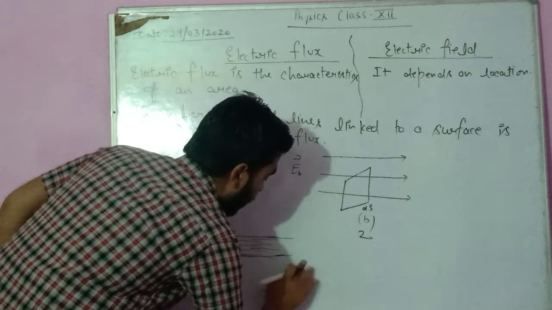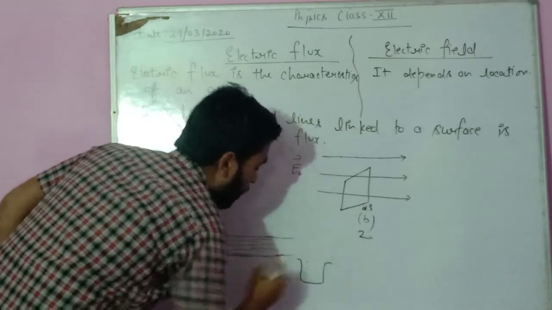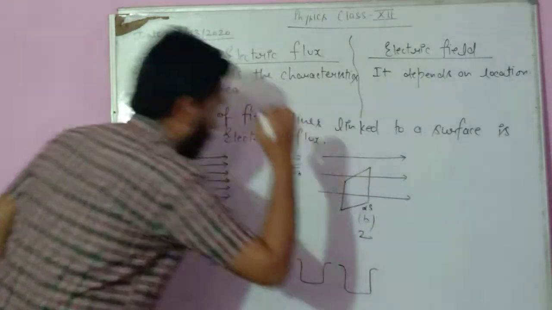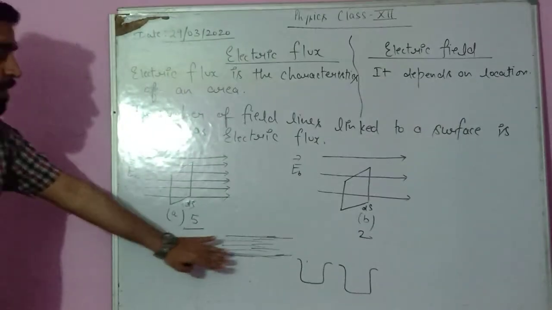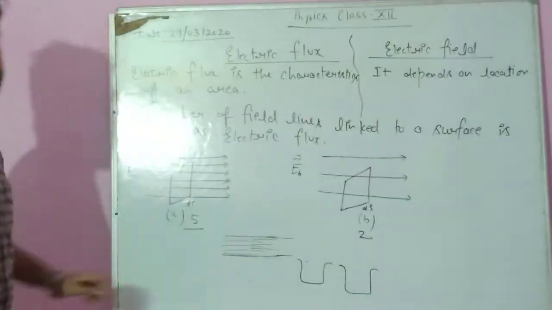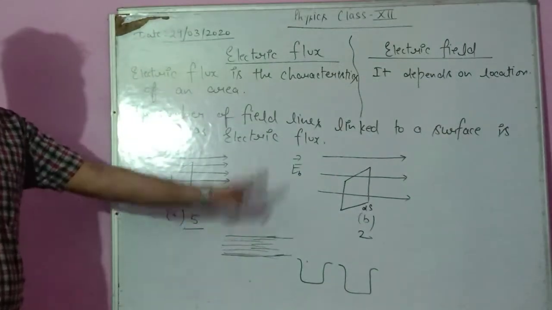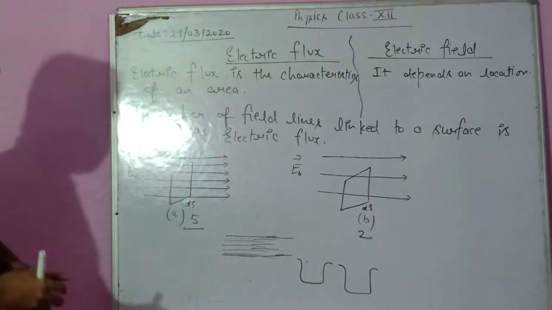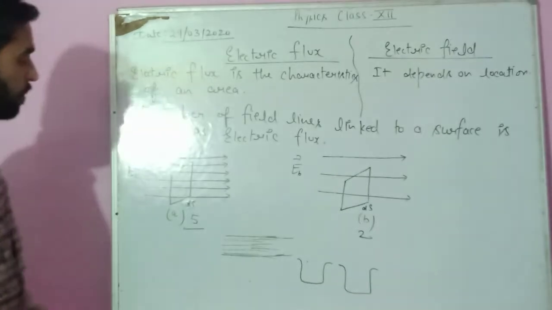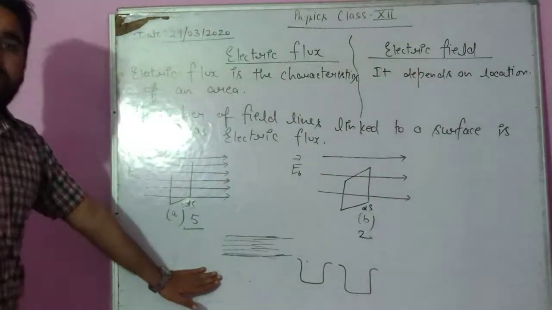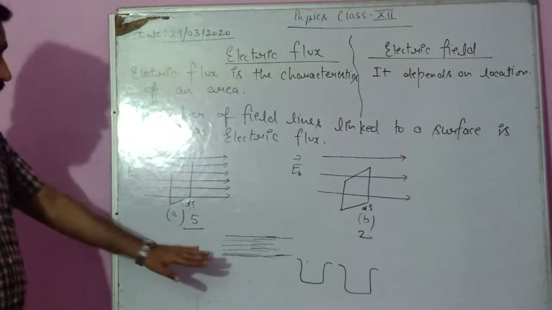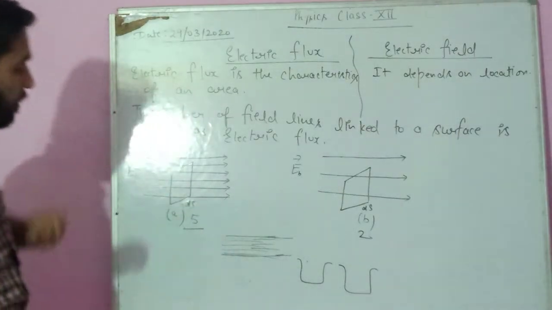I have kept one container here and another container here. Water is coming with a particular direction, so the water is a vector, because it has a particular direction. Whatever physical quantity has a certain direction is always a vector. So this water is a vector.